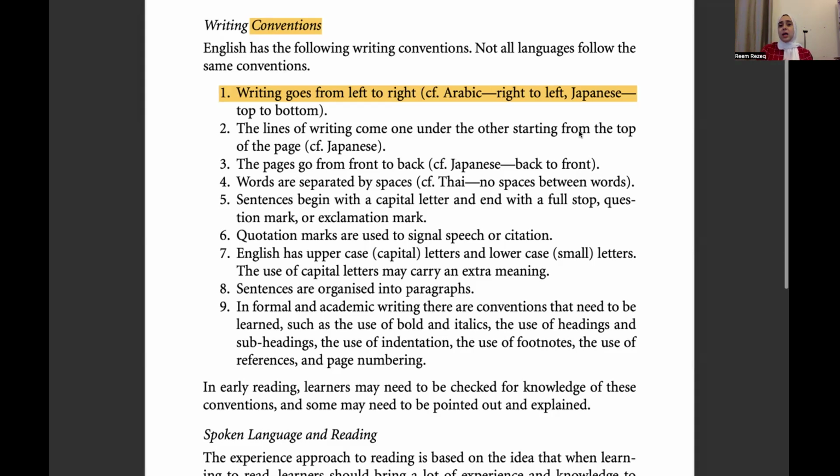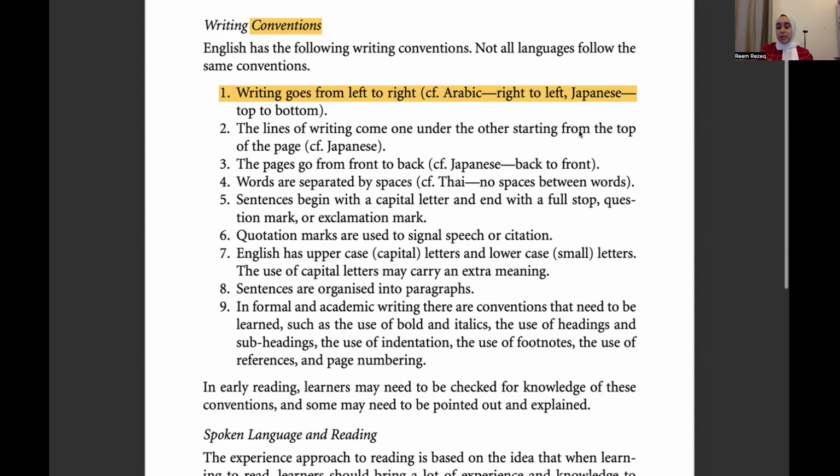Sentences begin with a capital letter. You should start with a capital letter and end with a full stop, question mark, or exclamation mark. All these punctuation marks we have to use. Quotation is also very important if we take words from a speech or from someone famous, so we have to use quotes.